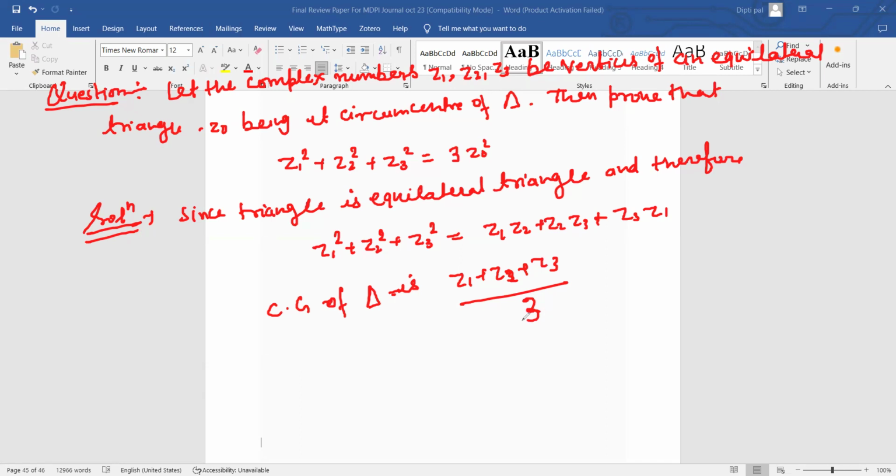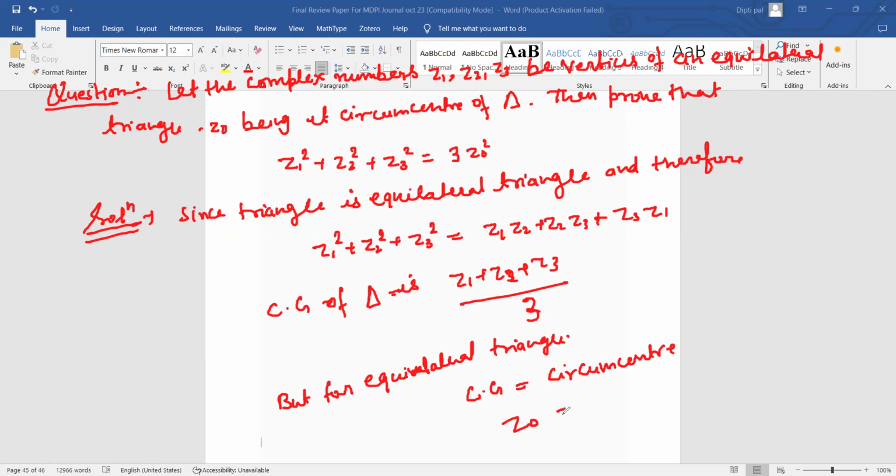For an equilateral triangle, the centroid equals the circumcenter. So this is Z0 and this is equal to Z1 plus Z2 plus Z3 upon 3. So 3Z0 equals Z1 plus Z2 plus Z3.